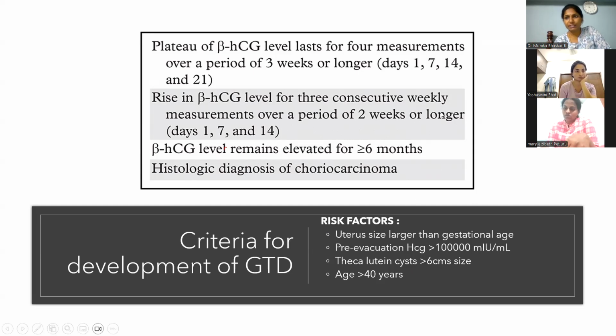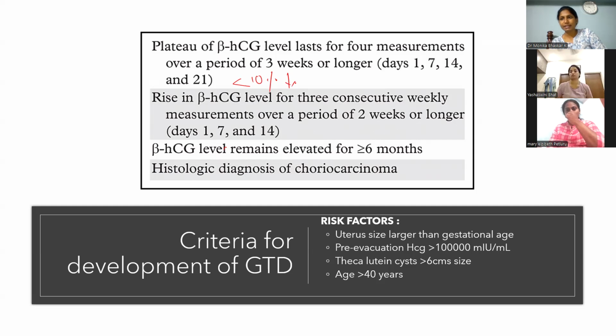So when you are doing the post-molar follow-up, if there is a plateau of the beta HCG that lasts for at least 4 measurements over 3 weeks, that is day 1, day 7, day 14, and day 21. In those 3 weeks, if there is less than 10% decrease of the beta HCG value, it is called a plateau.